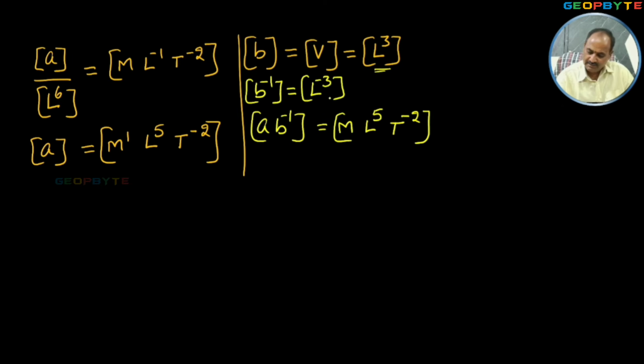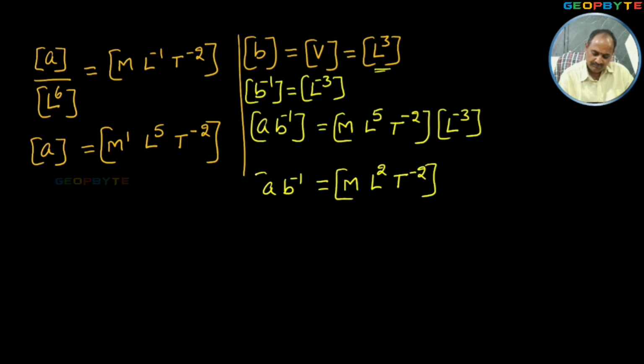So it is M L power 2 T power minus 2. This is the dimensional formula for a b power minus 1. I hope all of you clearly understood. Now look at the options.